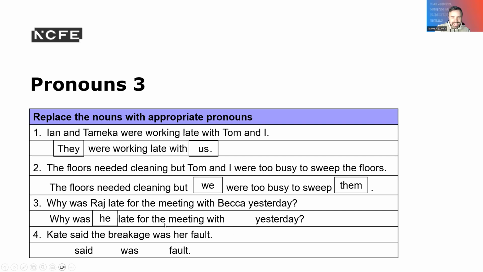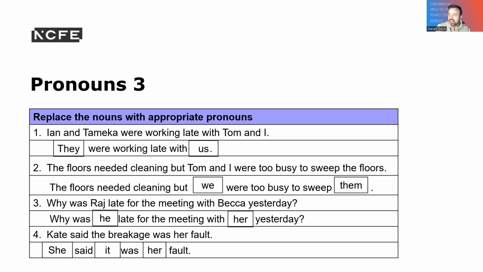So why was he late for the meeting with her yesterday? That would be good. Katie said the breakages was her fault. So Katie, she said it was her fault.